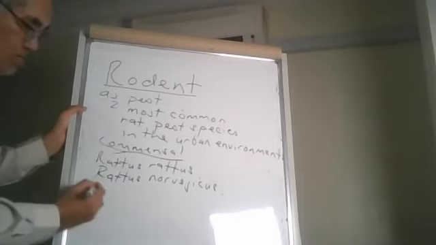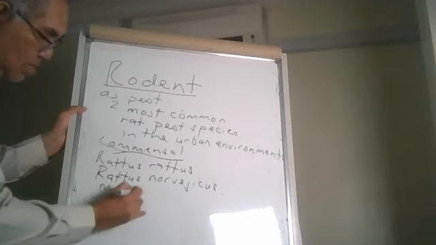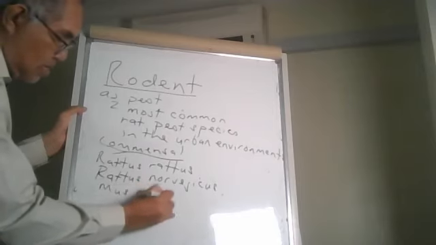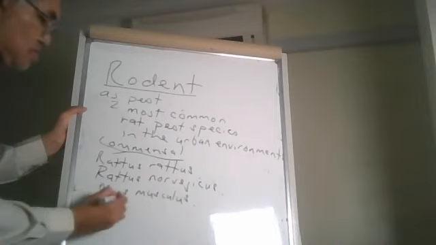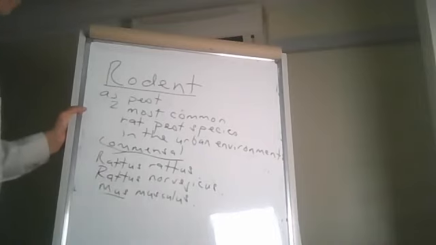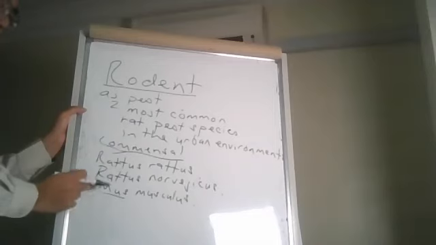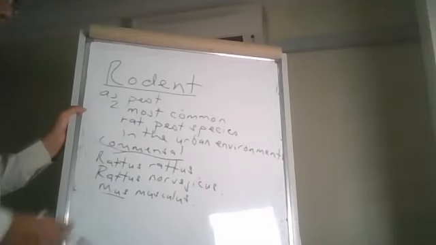And the other one is Mus musculus. Now, mus is the small one, mouse. So literally, mouse is the little one, rat is a larger one. So mus refers to mice, and rattus refers to rat.